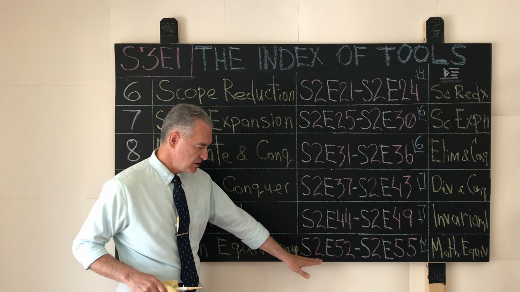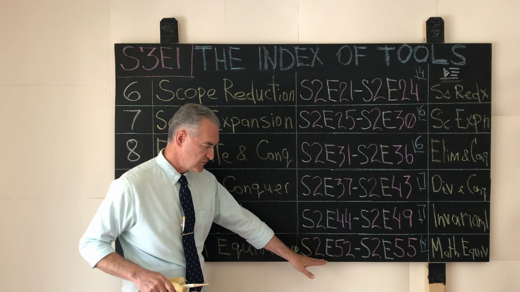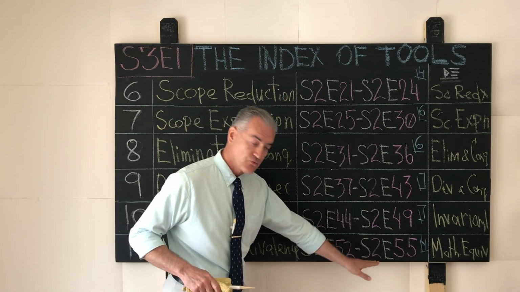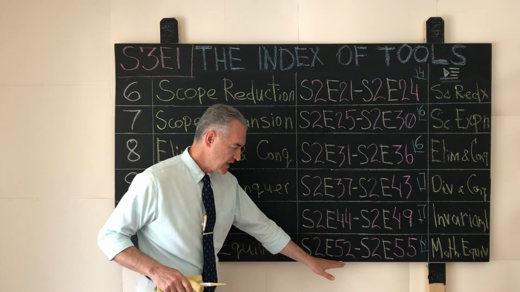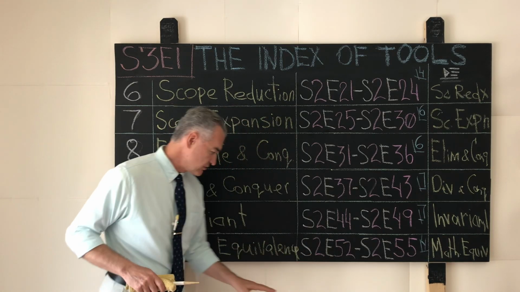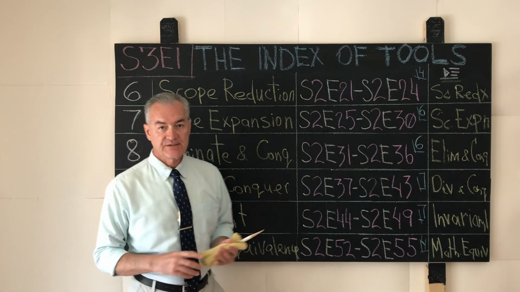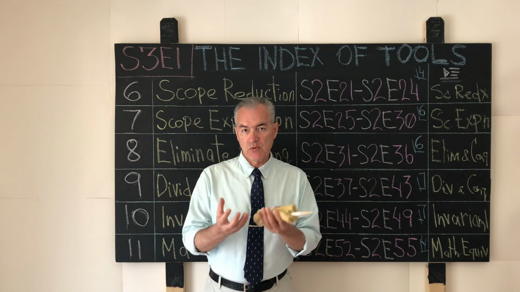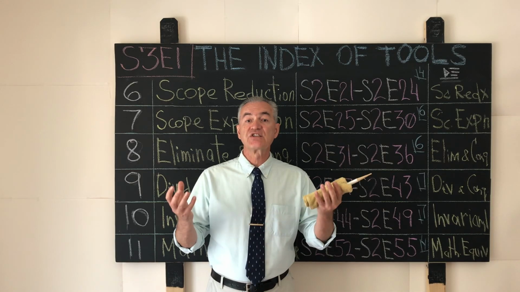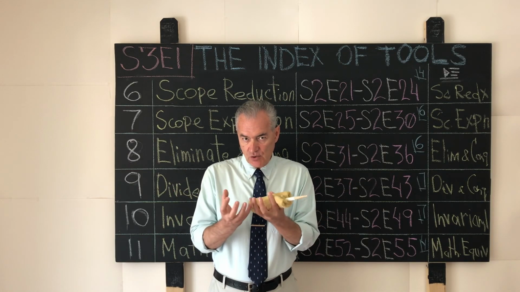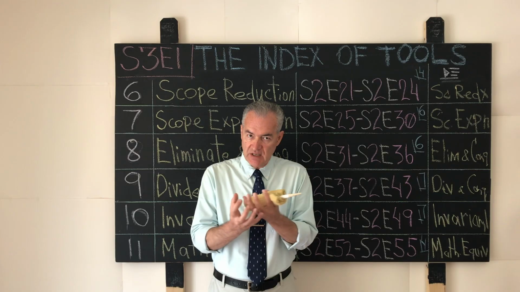I recommend that you do it in this sequence: season 2, episode 52, 53, 54, and then 55, because here, in order to demonstrate how this approach works, in season 2, episode 52, I set up a case where I take 2 problems that even in their solution come tantalizingly close to each other, but they fail to be equivalent.